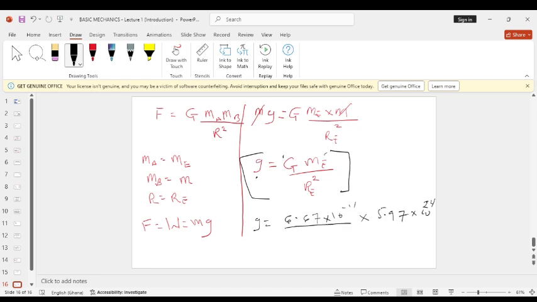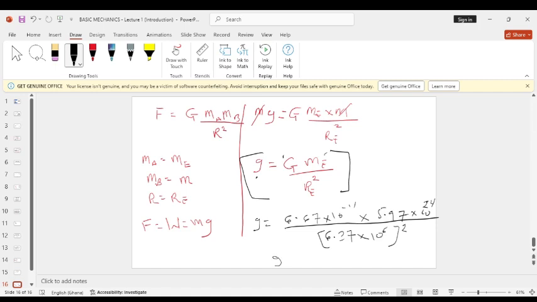Then we divide all this by the radius of the earth, which is given as 6.37 times 10 to the power 6, all squared, because the radius is squared.